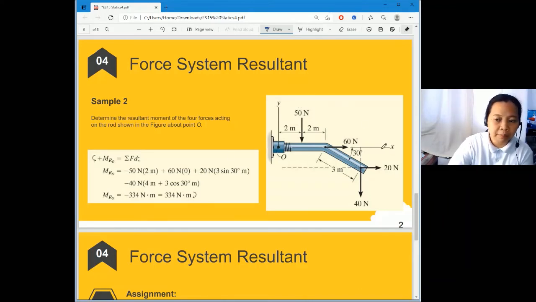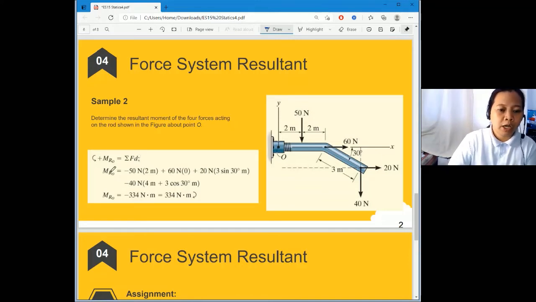This is a system, so there are many forces applied. Let's start. The resultant moment at point O, with positive counterclockwise, is equal to the summation of all forces multiplied by d. Again, summation of all forces multiplied by d.